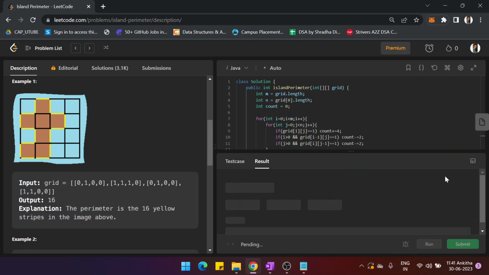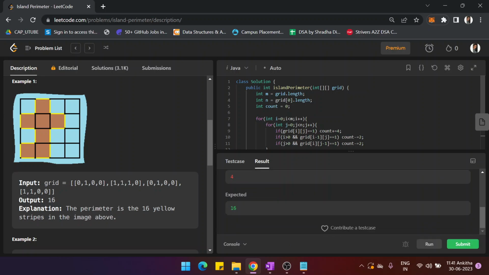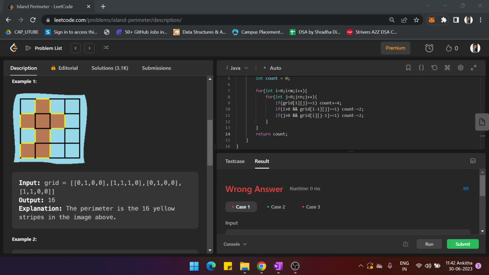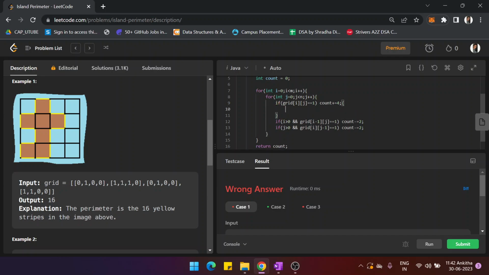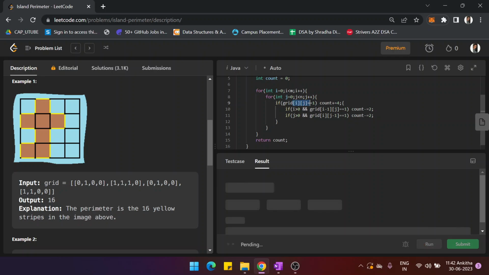We will submit this. Okay, one thing we have missed over here. This if condition we have to do only if this becomes true. If this is true, then only we check for the neighboring cells. So here we have to give brackets, and inside that we have to paste the code. Got it? That's why it was showing the wrong answer. If this is land, only then you check for the neighboring lands.